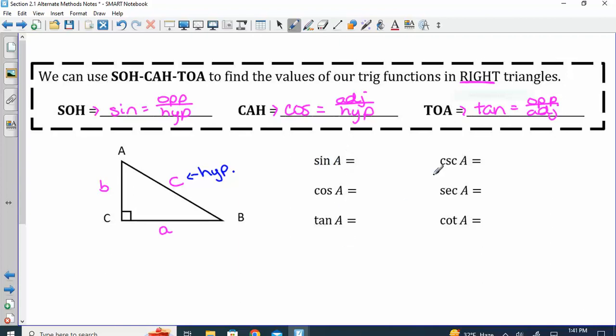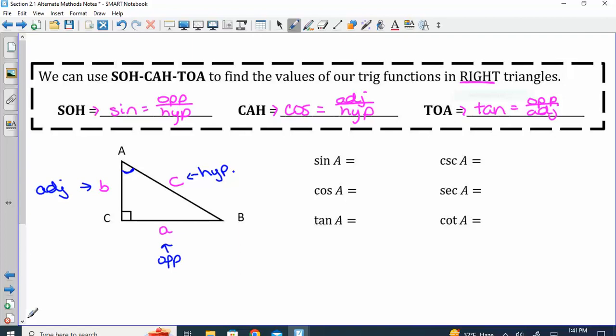So I'm going to do the 6 trig functions for angle A. So if I'm viewing from angle A, which side is opposite? A. This would be my opposite side. And that means this has to be my adjacent. Adjacent is the side that touches it. What would happen if I picked angle B as my viewpoint?